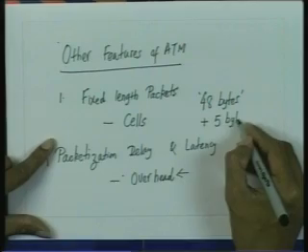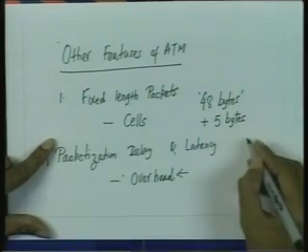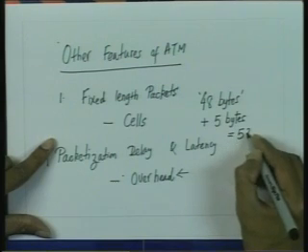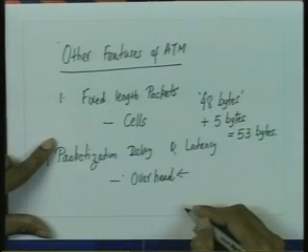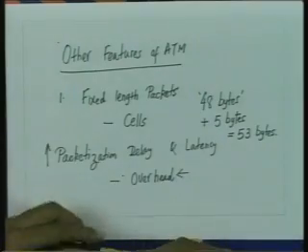We add 5 bytes of header here, and an ATM cell comprises 53 bytes. So an ATM cell consists of 48 bytes of payload and 5 bytes of header, essentially 53 bytes.